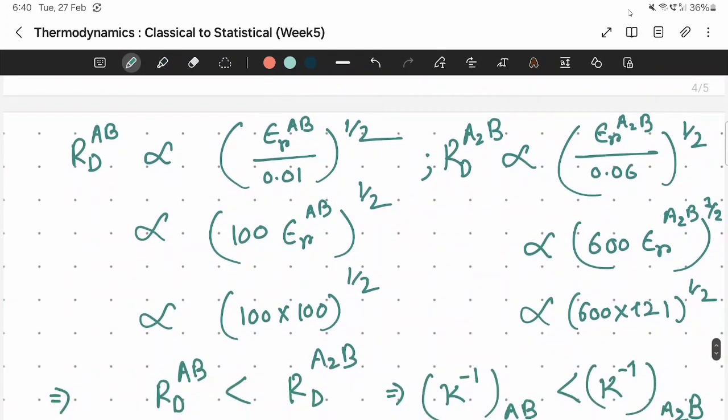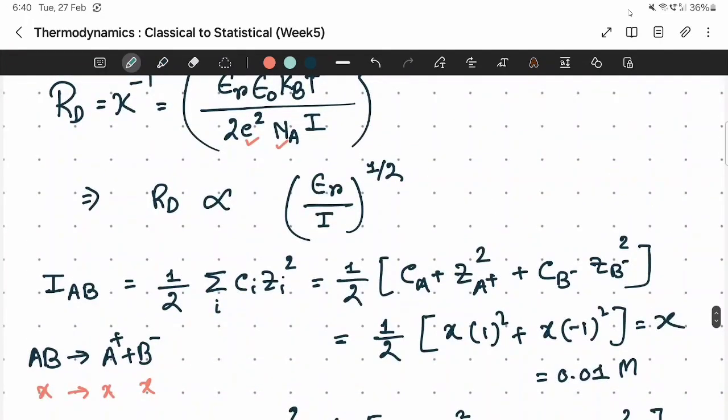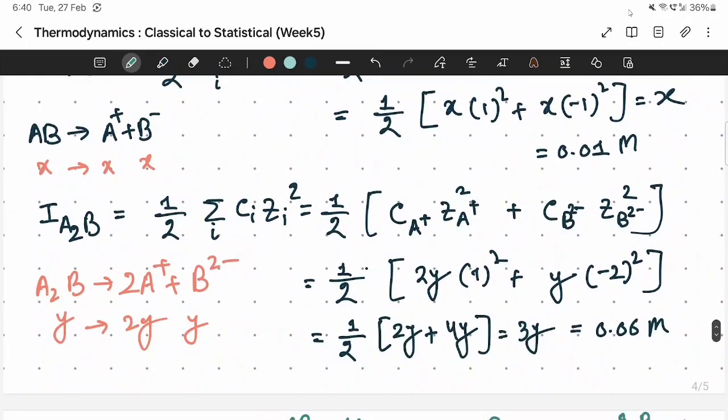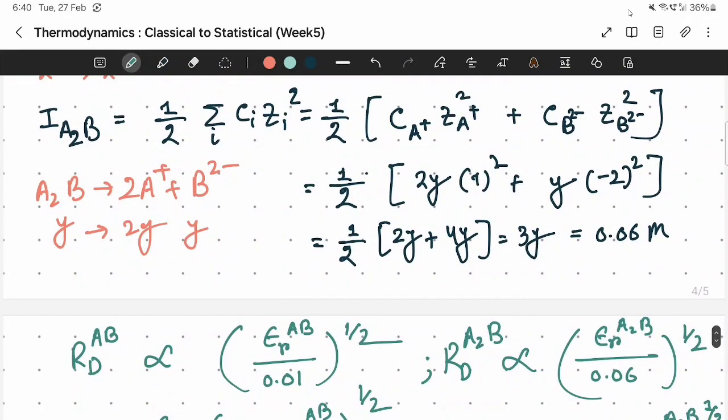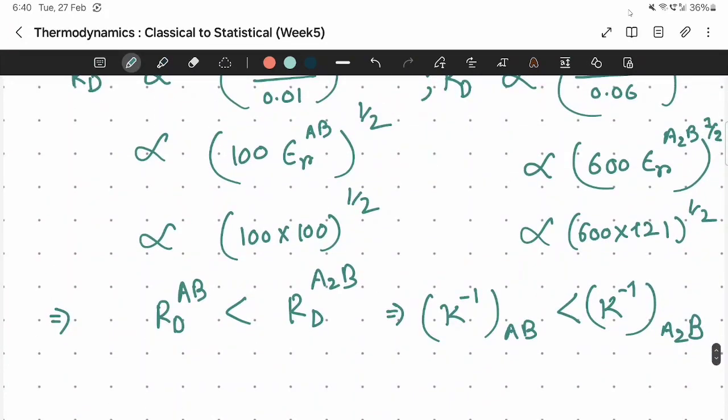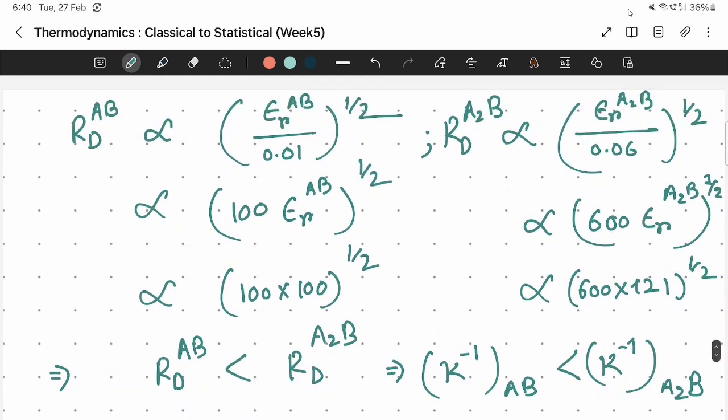Yes, it's correct. The answer is not matching.